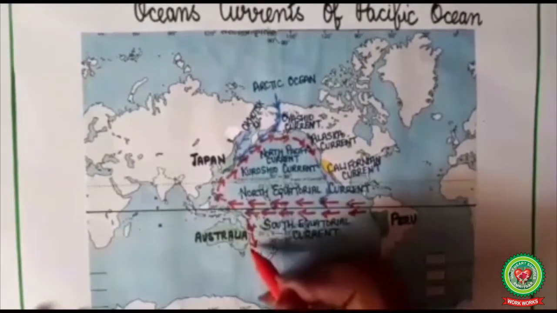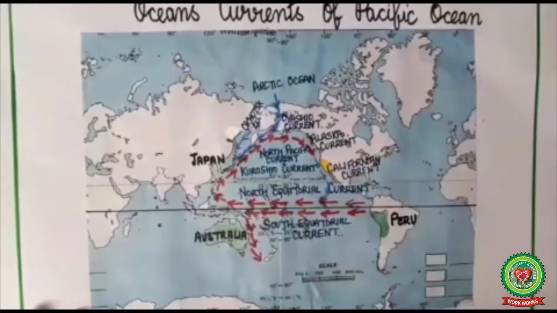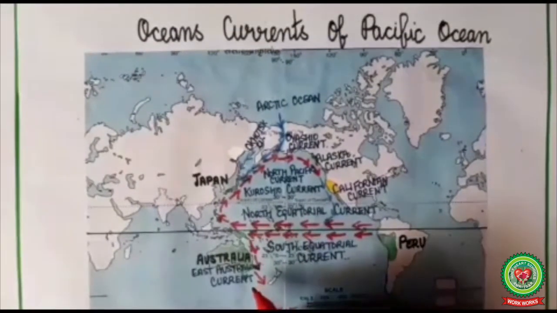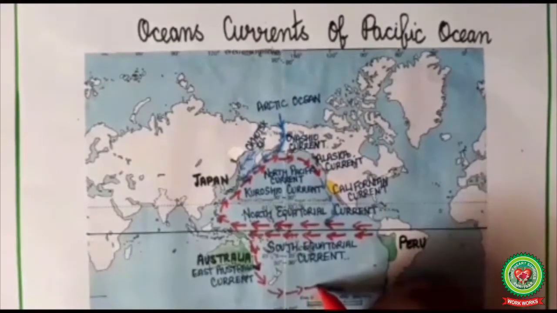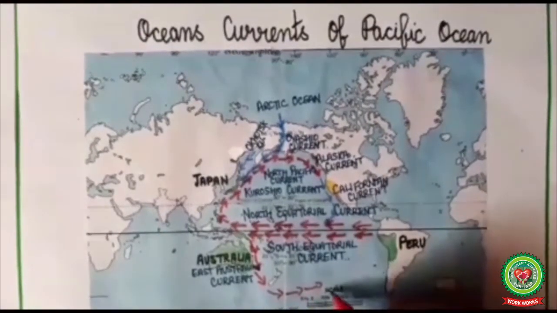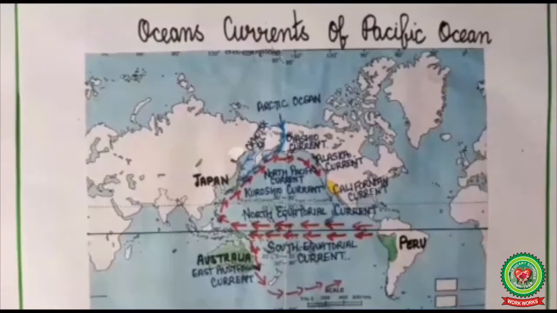Here it is named the East Australian Current. The East Australian Current further moves as the South Pacific Current and merges with the cold West Wind Drift.